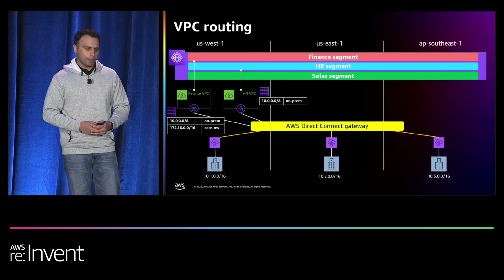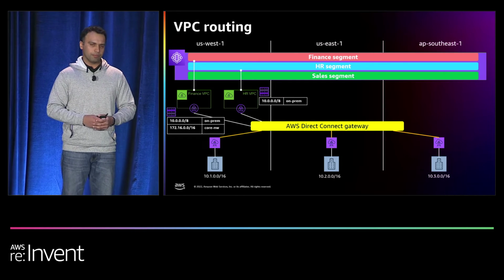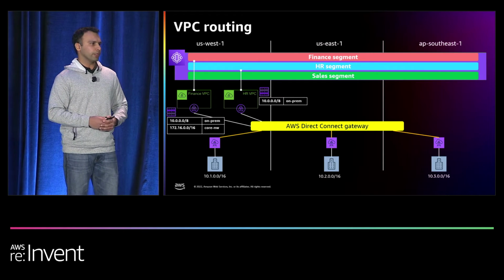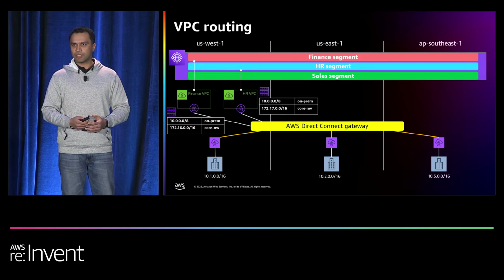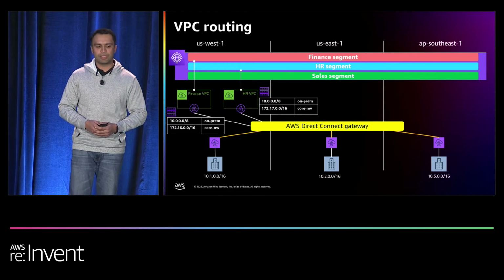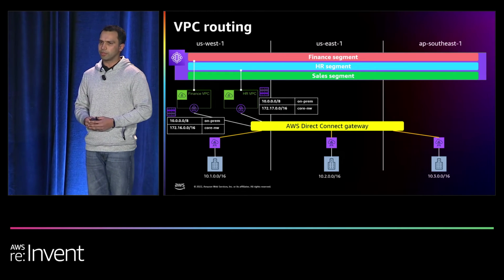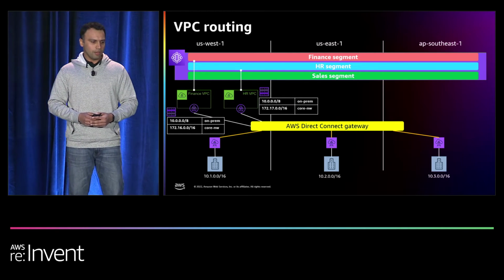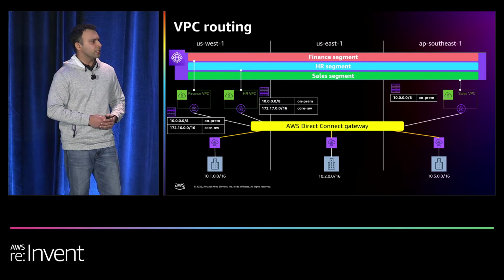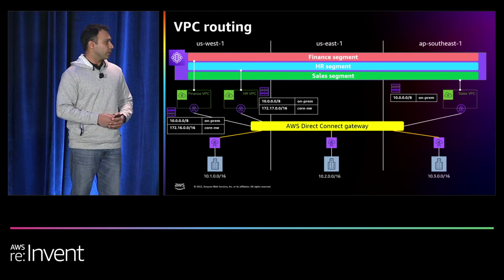Let's build on top. Now let's say an HR VPC comes up. The first route is an aggregate route pointing to on-prem. The second route this time is an aggregate route for the HR department's CIDR, which is 172.17.0.0/16. All right, let's add more. Let's say a sales VPC comes up. First route pointing towards on-prem.